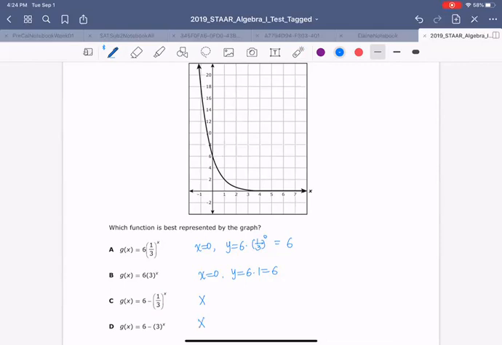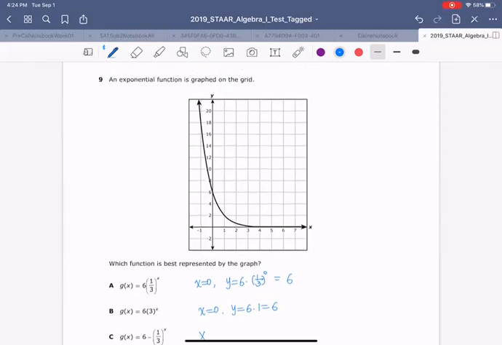So you might wonder, should I choose A or should I choose B? Look at this. 3 to the power x. That means at 0, this is 6. When x is 1, it is 6 times 3, which is 18. It should be going up like this, right? So B is wrong.